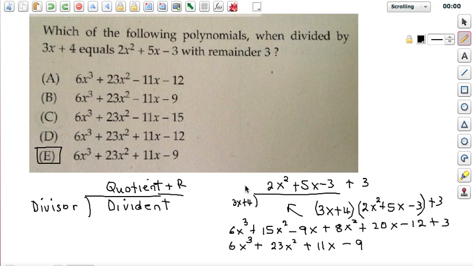So if you divide the polynomial by this number, you get the quotient, and if you multiply these two, you'll get the polynomial back. So multiplying 3x plus 4 times 2x squared plus 5x minus 3 and adding that remainder at the end gives you the polynomial 6x cubed plus 23x squared plus 11x minus 9. Time to move on to the next question.